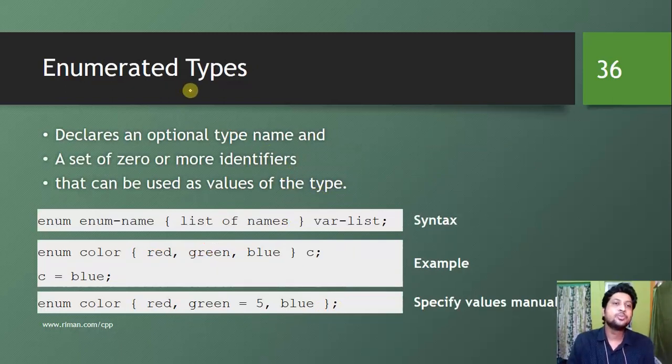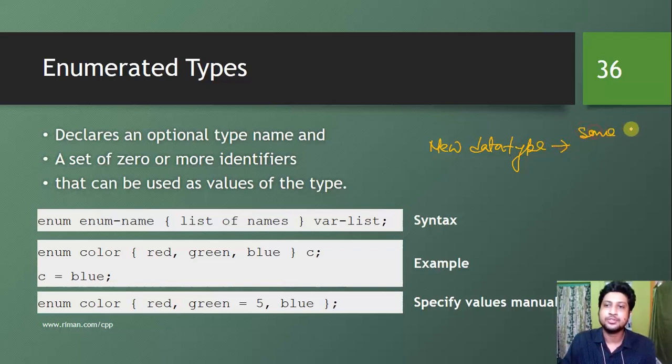Now enumerated types. So this is interesting. We can declare an optional type name, a set of zero or more identifiers. So what we are actually doing, we are creating a new data type that has some set of values that serves as the domain.